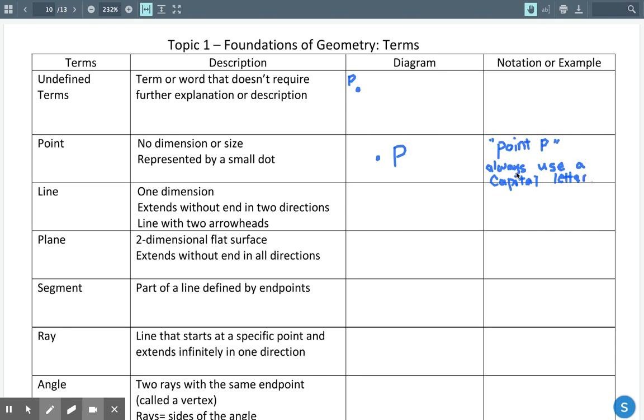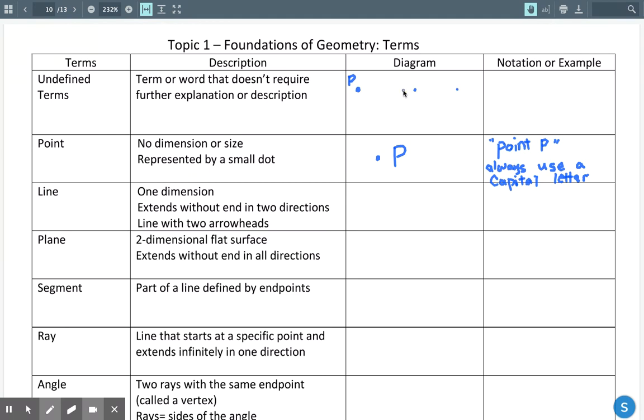Screencastify starts to get really jumpy with me after a while, so we'll make it work. Okay, so we always use a capital letter for point P, or really just any point. Okay, the other undefined term that is common is a line.